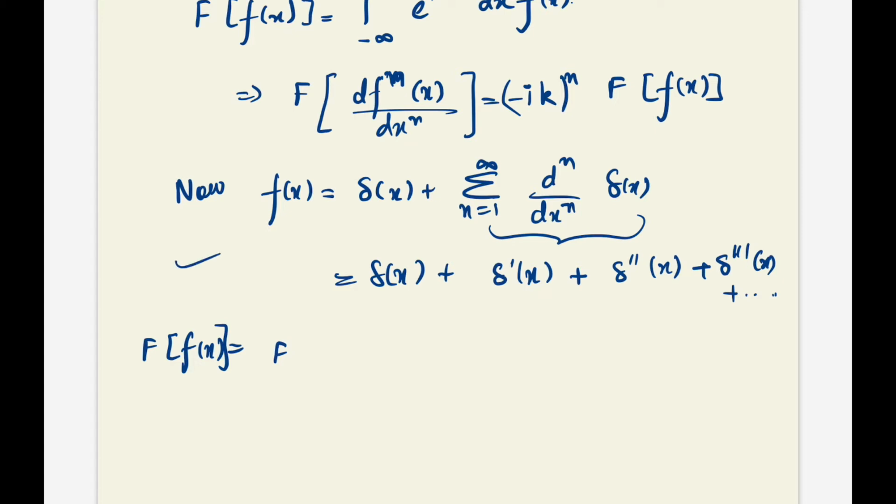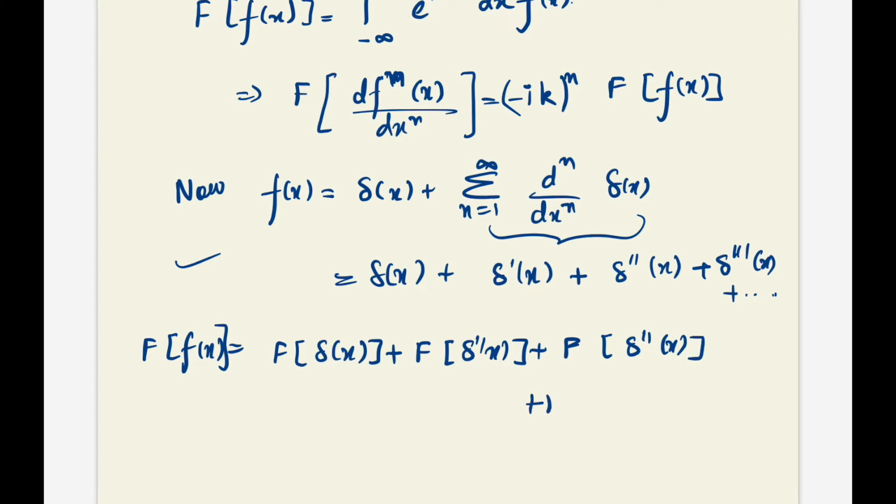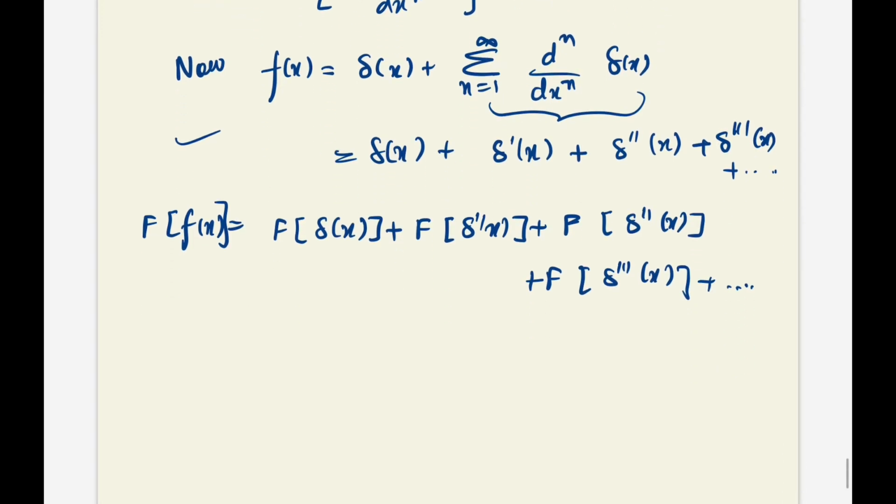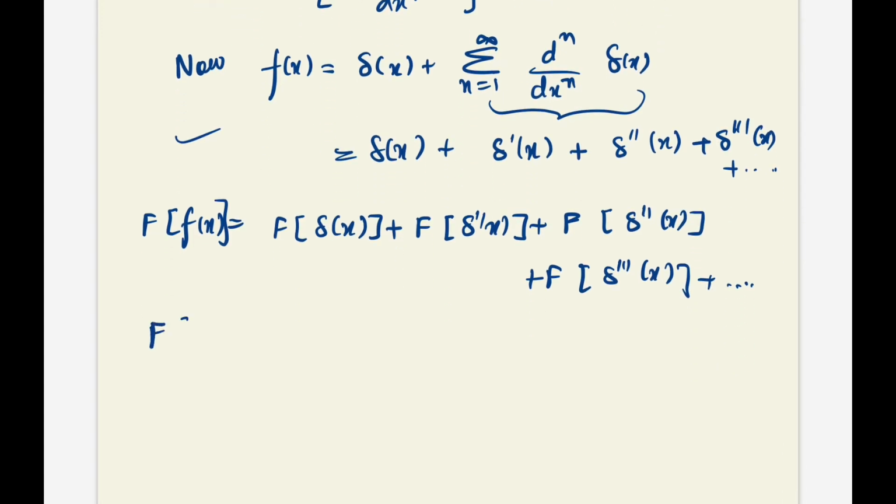So this becomes F of delta(x) plus F of delta prime(x) plus F of delta double prime(x) plus F of delta triple prime(x), plus so on. Now F of f(x) equals F of delta(x).